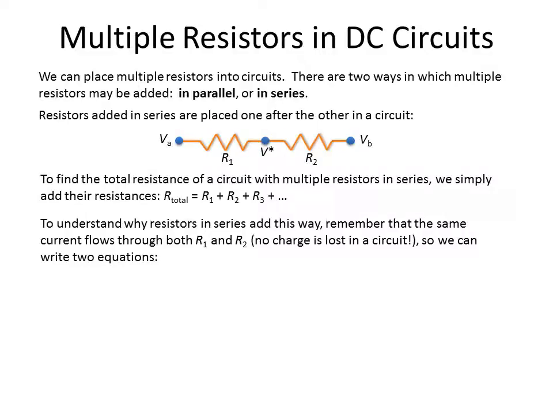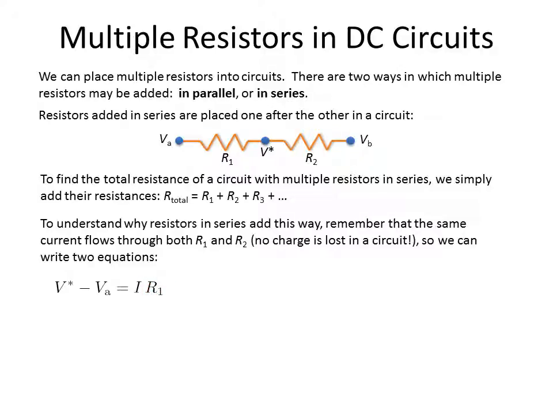Now, if we actually want to understand why this is happening, we remember that the same current flows through this whole thing. Any of the charge that comes in eventually comes out. So the current in this section is constant. If we use Ohm's law, we can see that the voltage drop from point A to point star is given by the current, which we don't know, times the resistance R1.